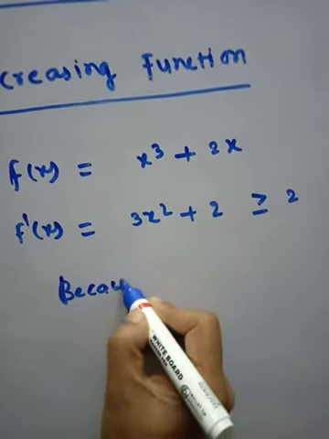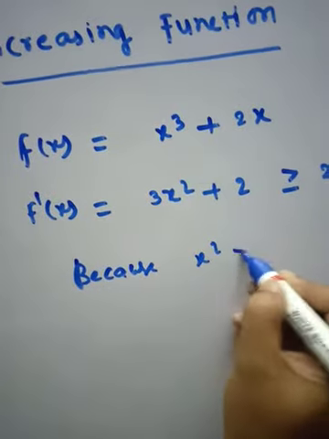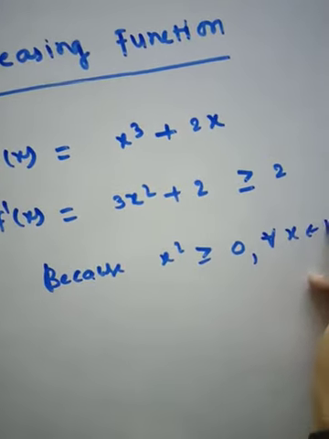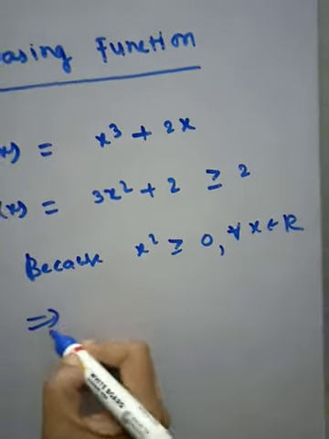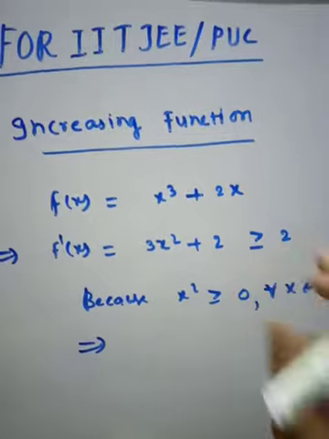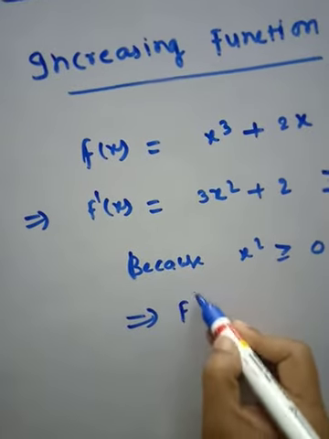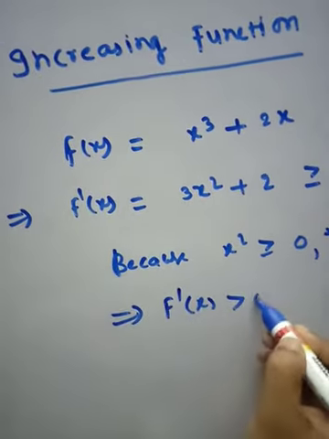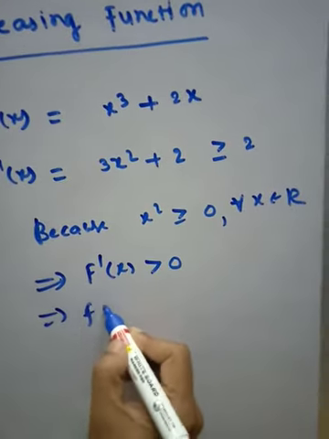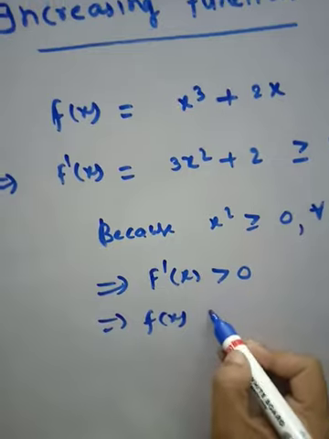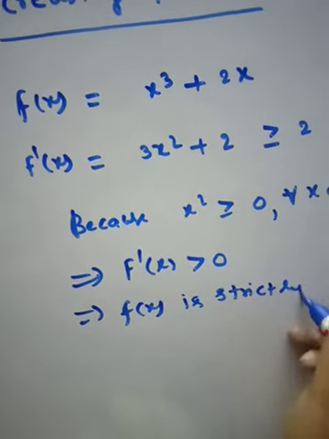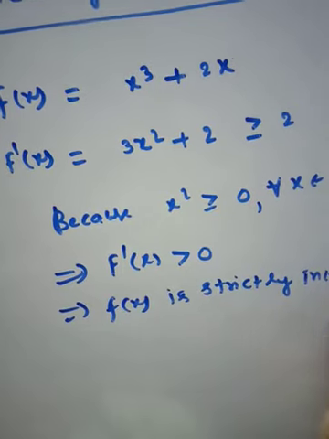Because we know that x square will always be greater than or equal to 0 for all real x. So this will be greater than 2, and we know that 2 is a positive number. So f dash x will be greater than 0, not equal to 0. That means fx is a strictly increasing function.